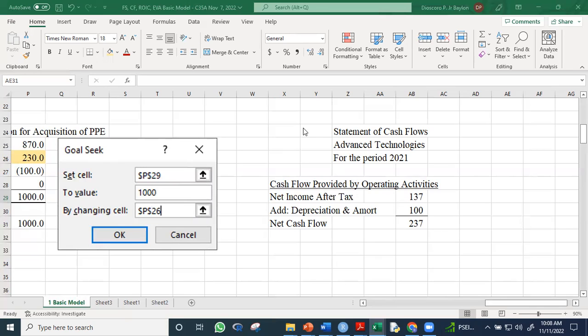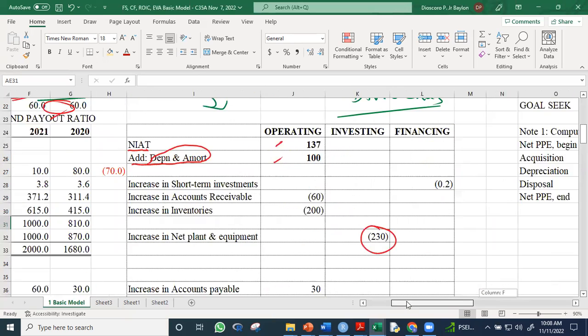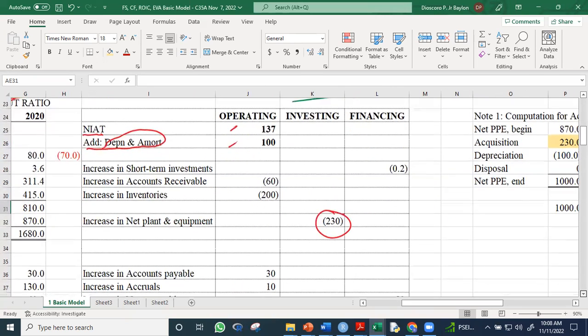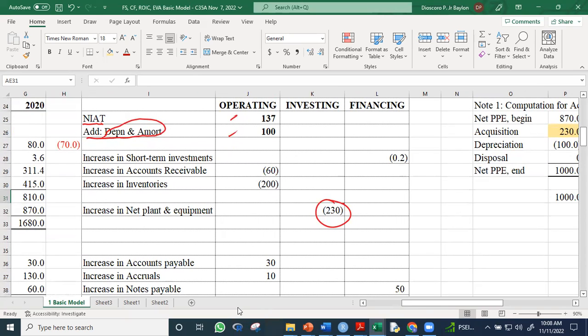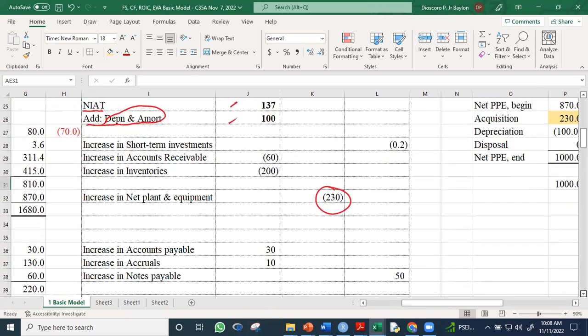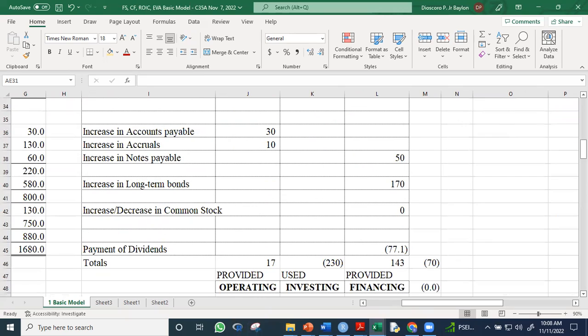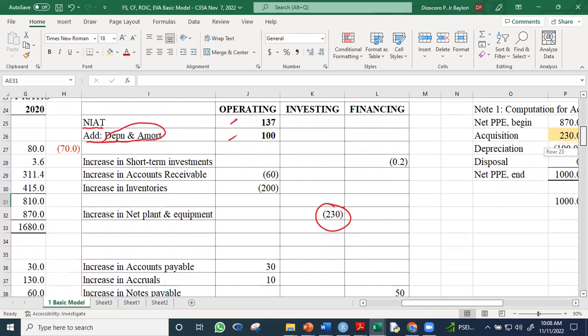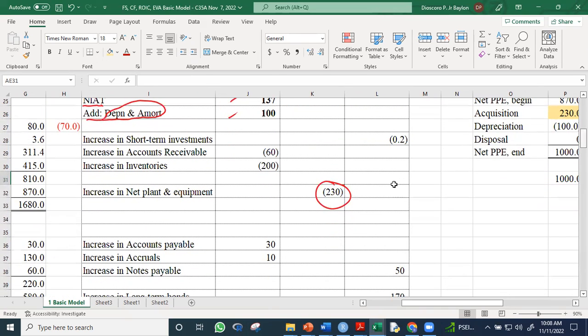Okay, then let's continue the operations. For operations, that's why it's easy to do this because the activities are already here. Right? So we now have this.